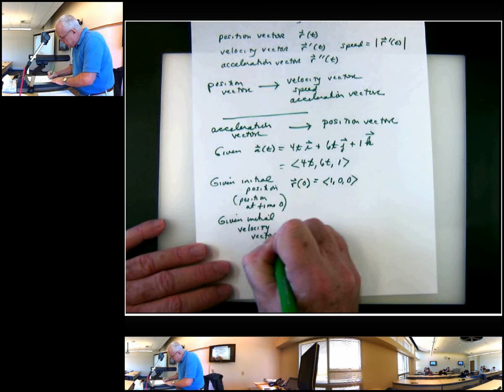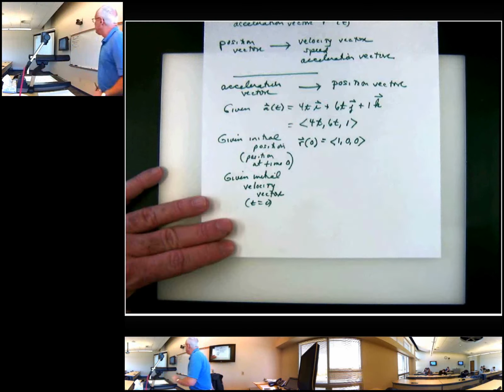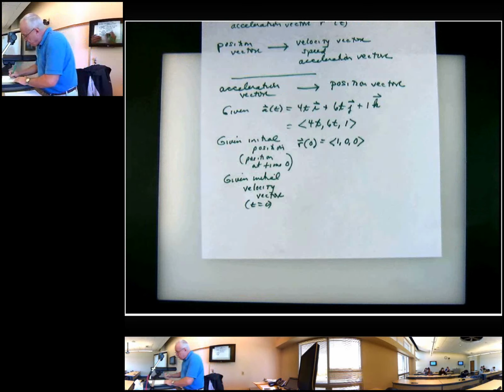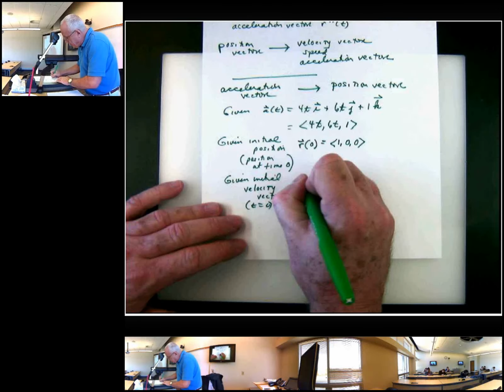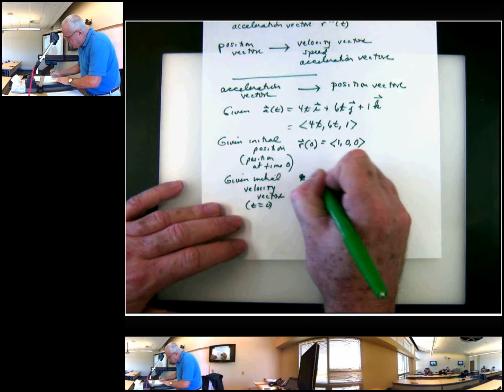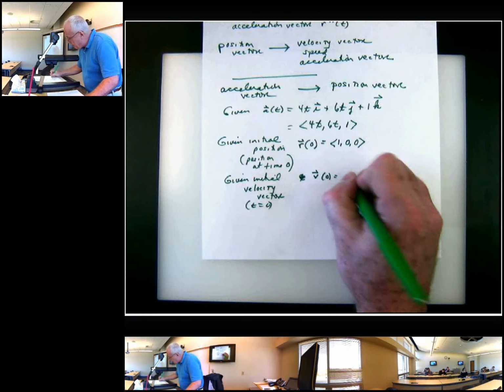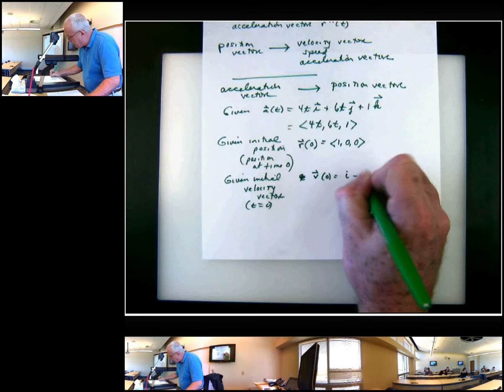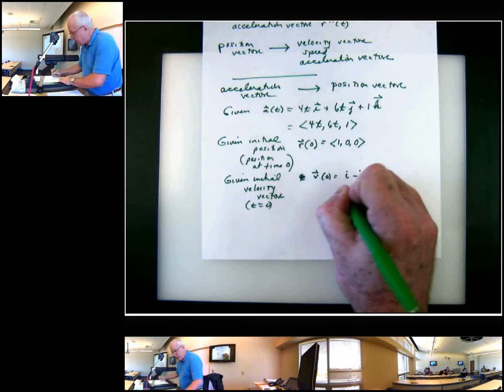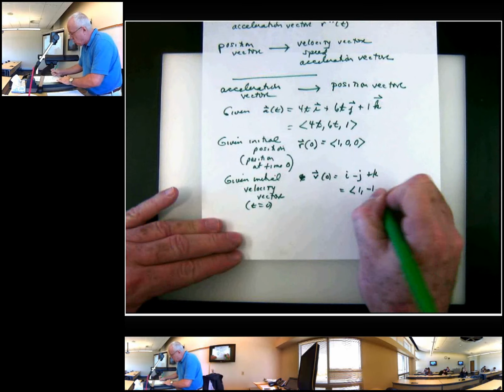Again, this is when time t is equal to 0, and we're told that v(0) is equal to i minus j plus k, which is the same as <1, -1, 1>.